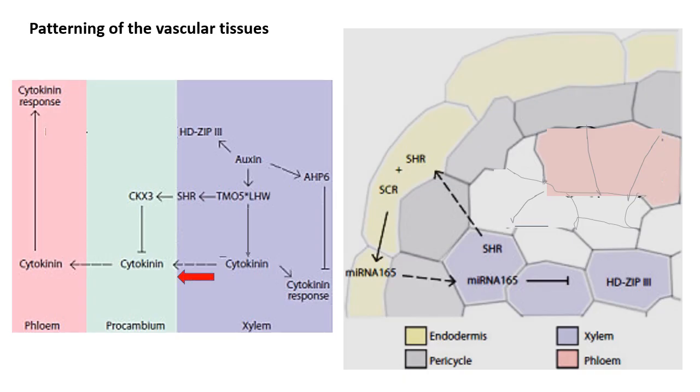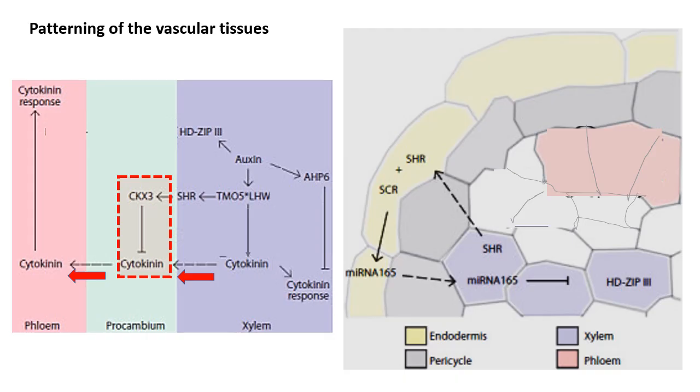And as you can see, in the procambial cells, cytokinin levels are limited by the activity of cytokinin oxidase CKX3. A cytokinin maxima occurs in the region adjacent to the procambium, which is highlighted here, which specifies the differentiation of phloem elements from the procambial cell.